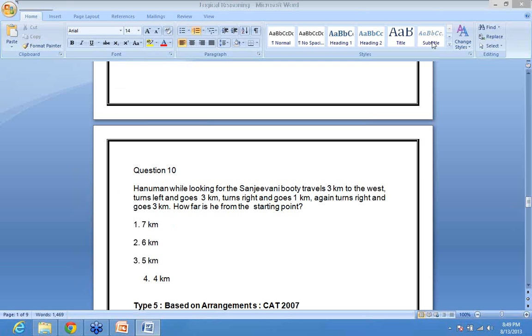It says a watch reads 4:30. If the minute hand points towards the west, in which direction does the hour hand point? Now what you have to do is make a clock. Normally if your watch strikes 4:30, the minute hand will point towards south, right?